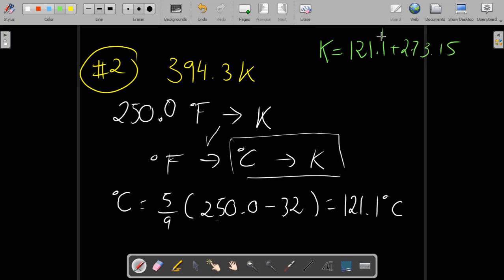Now, this stops in the 10th position. That means your answer can only be as precise as the least precise, which is the 10th position. When you do that, it comes out to be 394.3 Kelvin, which is what you should find. And that is example number 2.